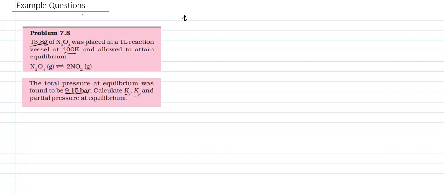The total pressure will be equal to the sum of partial pressures, right? From this we just need to figure out the initial pressure in the system because we've been given the pressure at equilibrium.